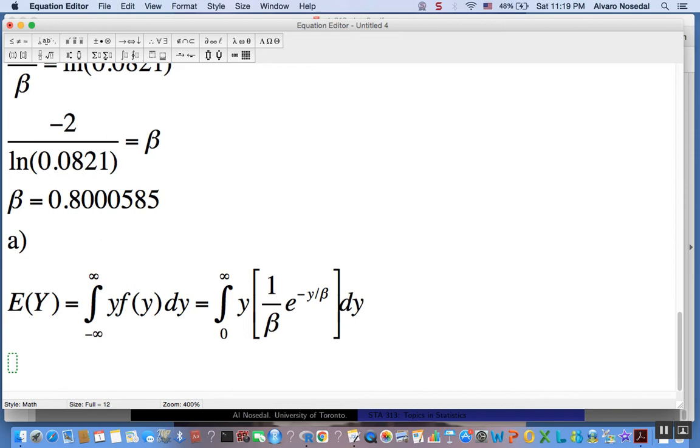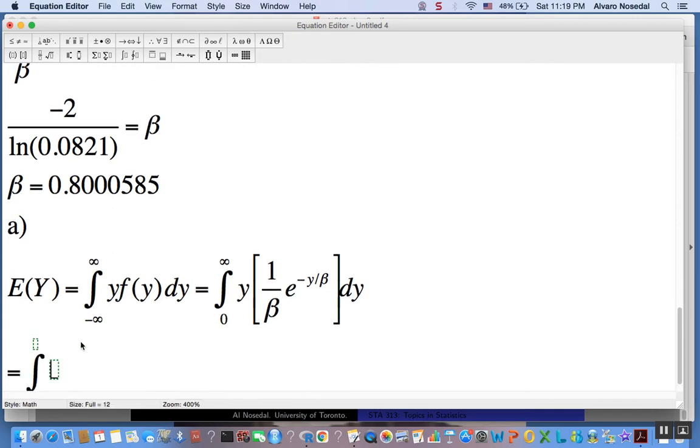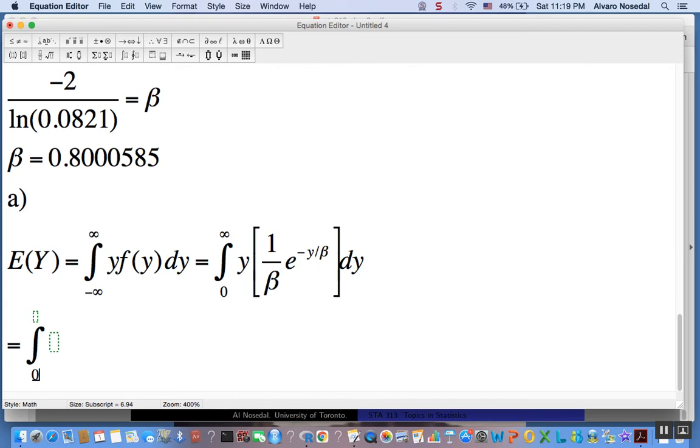So now the integral that we want is the integral from 0 to infinity of 1 over beta times y e to the negative y divided by beta, dy. Okay, very good.